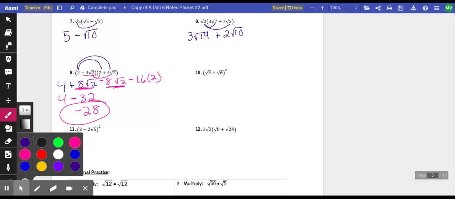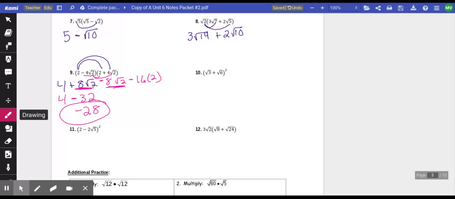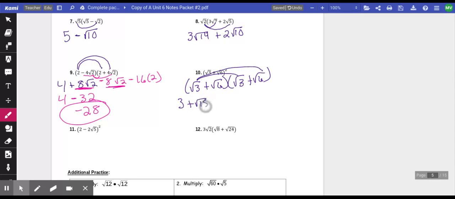So number 10, remember I cannot just square each thing because there's a plus sign there. So I need to do radical 3 plus radical 6 times radical 3 plus radical 6, and I double distribute. So radical 3 times radical 3 is 3, plus radical 3 times radical 6 is radical 18.